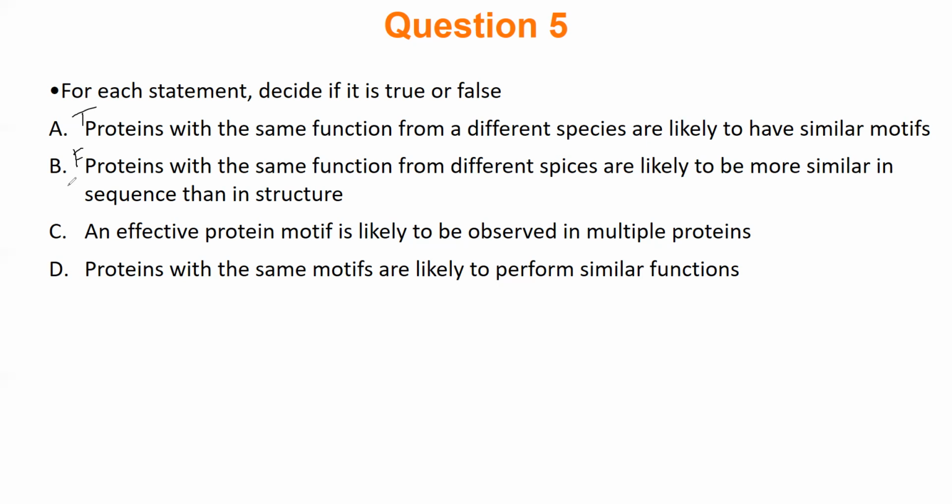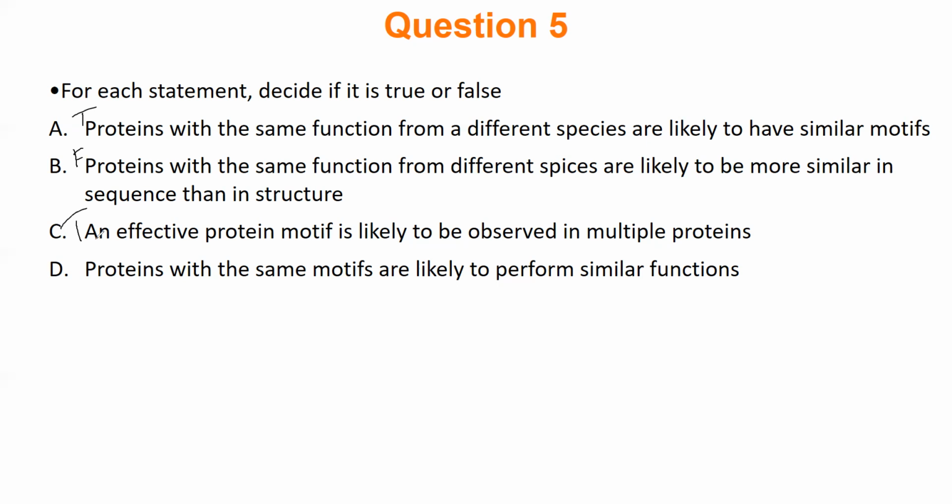C: an effective protein motif is likely to be observed in multiple proteins. True, right? That is kind of how we discover these motifs. We see them over and over and over again because they're really good at doing whatever their function is. And so they keep popping up in different proteins. So that is true.